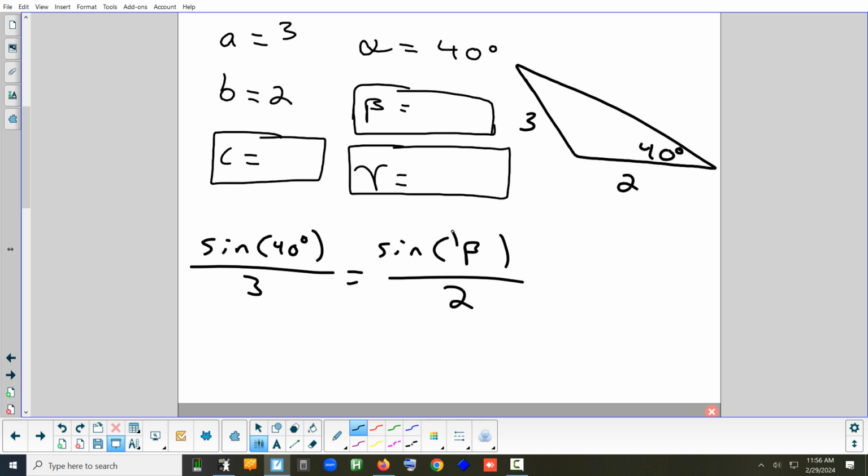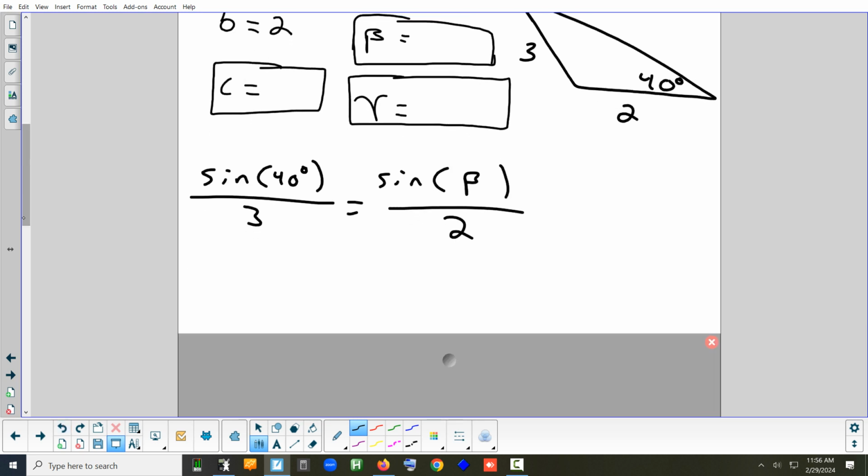It's not in the bottom of the fraction. So we're going to have to get rid of the trig function. All right, so we want to get sine beta by itself. We don't even need to cross multiply. I just need to get the 2 on the other side. How would I get the 2 on the other side? Yeah, just multiply by 2.